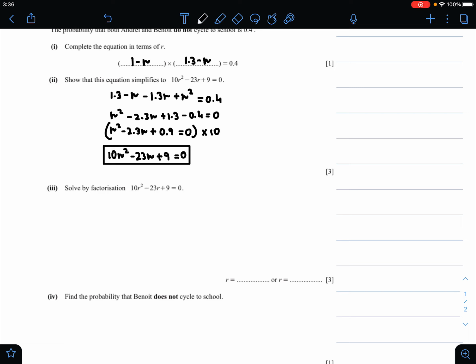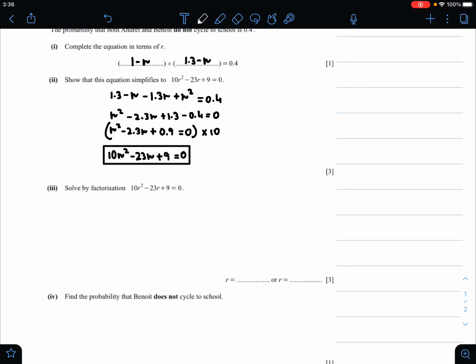90 divided by 3 is 30, so that wouldn't be it. 90 divided by 5 is 18. Now 18 plus 5 is equal to 23, and since we need a negative sum, we write minus 5 minus 18 is equal to negative 23, and the product of minus 5 and minus 18 is positive 90.